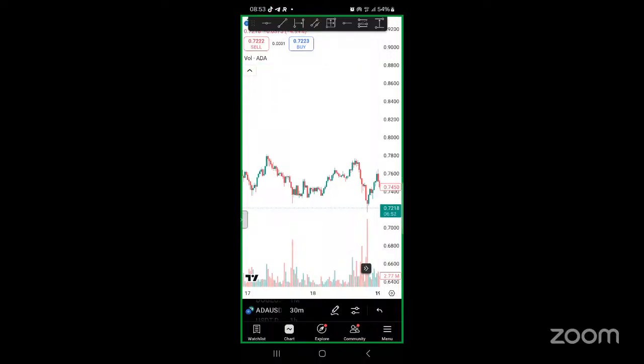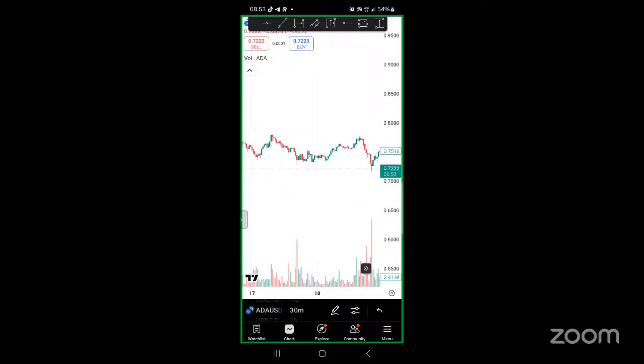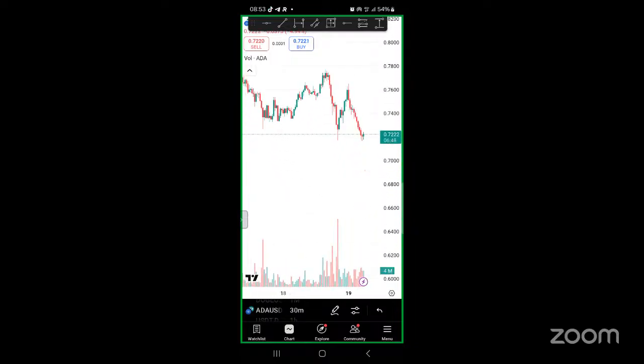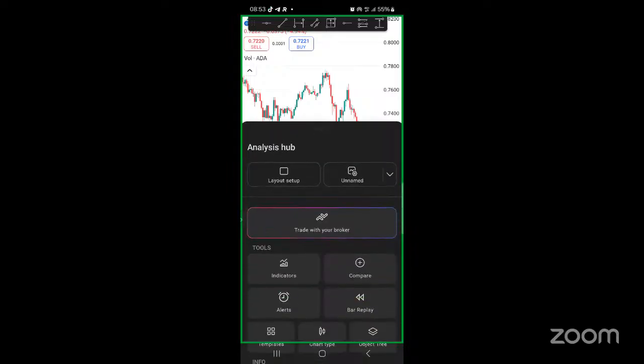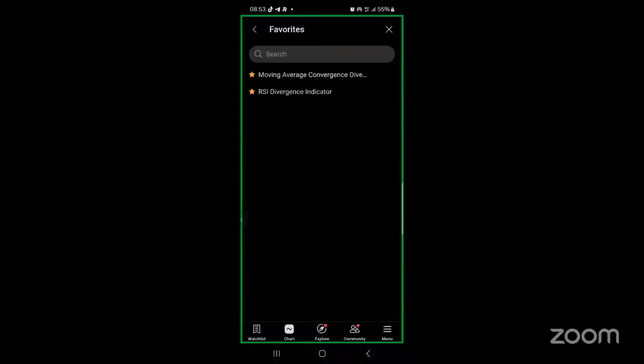This one is on the chart. I didn't even know that it is there. No wonder. If you want to add multiple indicators, you have to pay. So that's why they refused me.